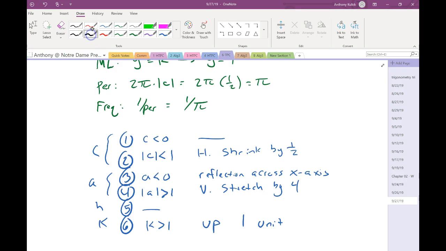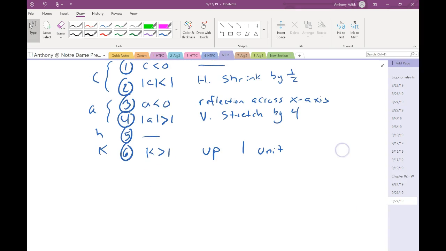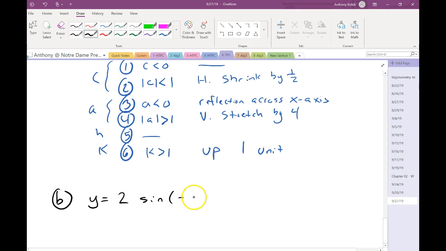Let's do another. So let's say we have 2 times sine of negative x plus pi.